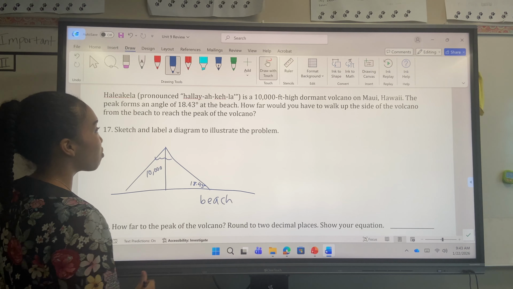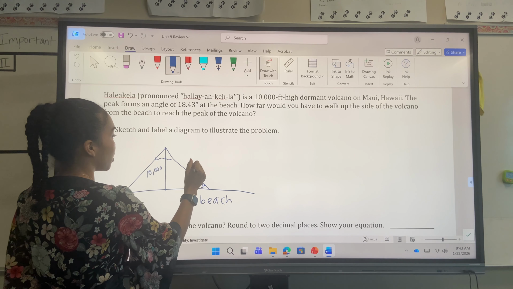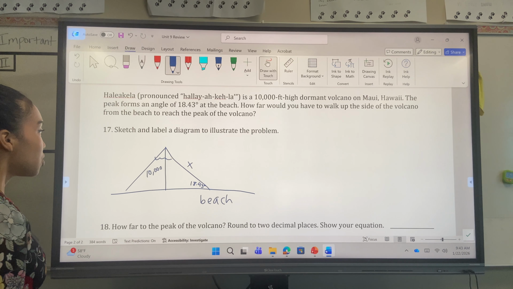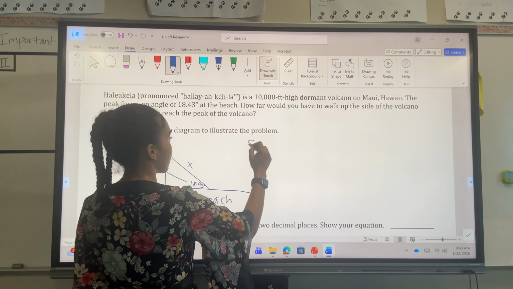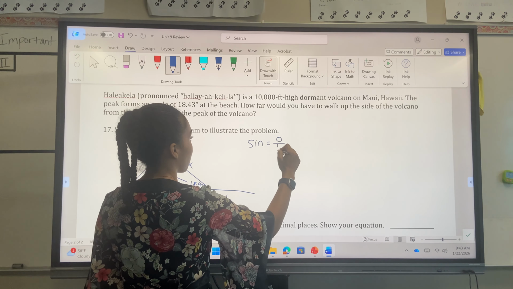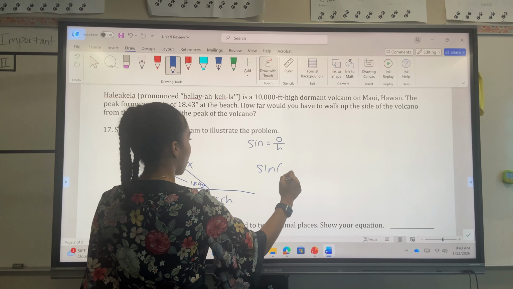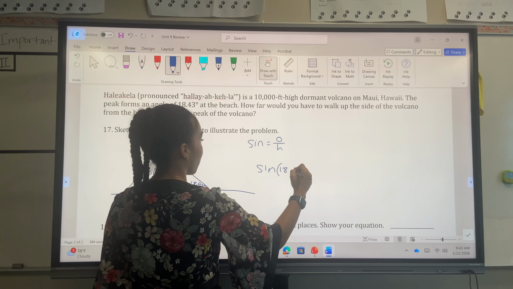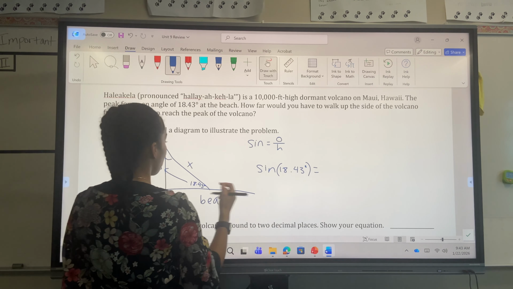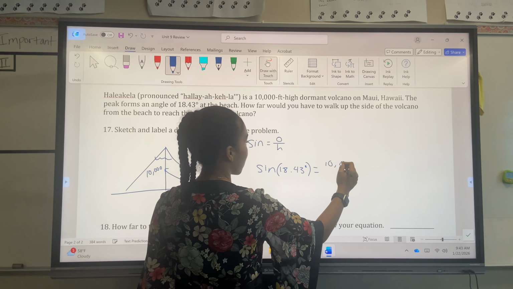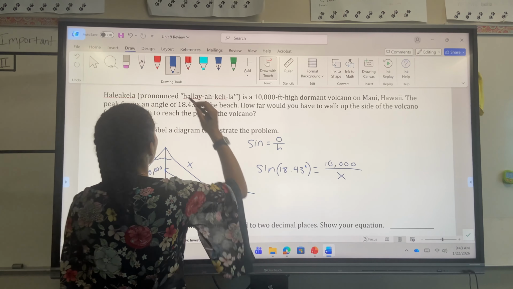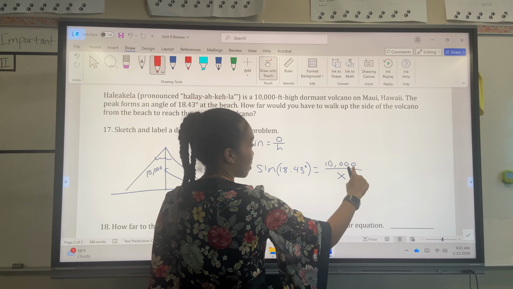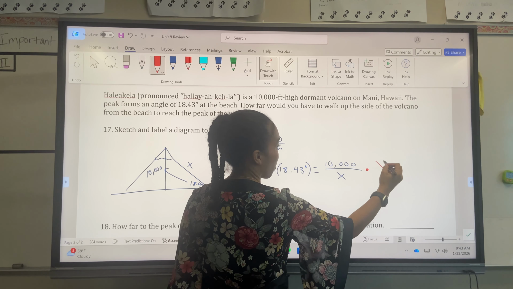And it wants to know how far you would have to walk up the side of the volcano to get to the peak. So this is opposite over the hypotenuse. That's sine. Sine is opposite over the hypotenuse. So sine of this angle, 18.43 degrees, is equal to opposite, which is 10,000 feet, over the hypotenuse, which is x. So this is being divided by x, so the opposite is to multiply by x.